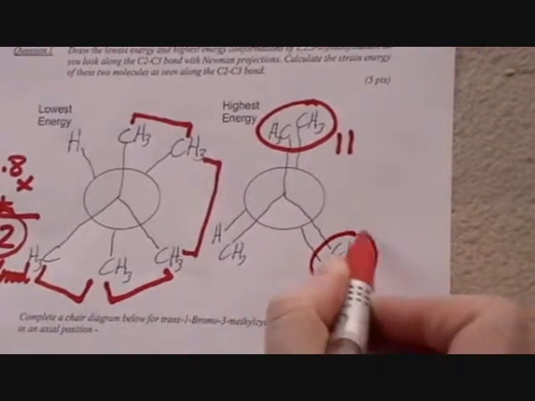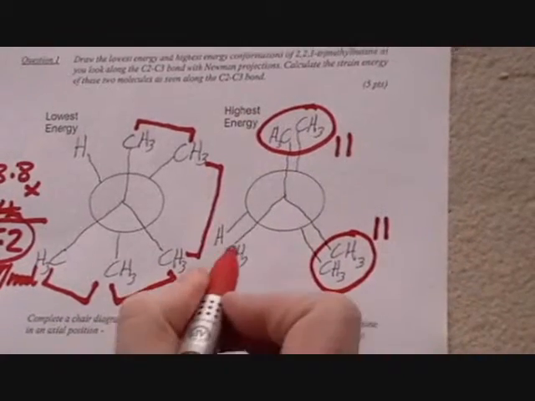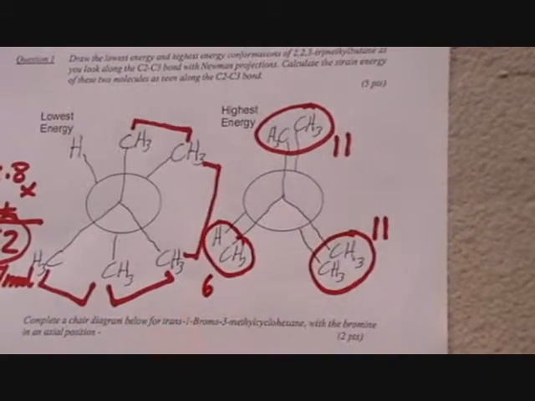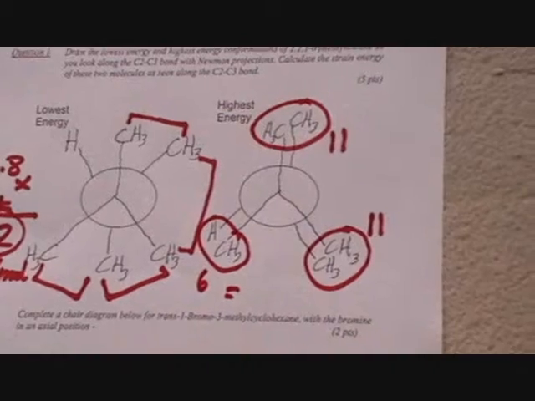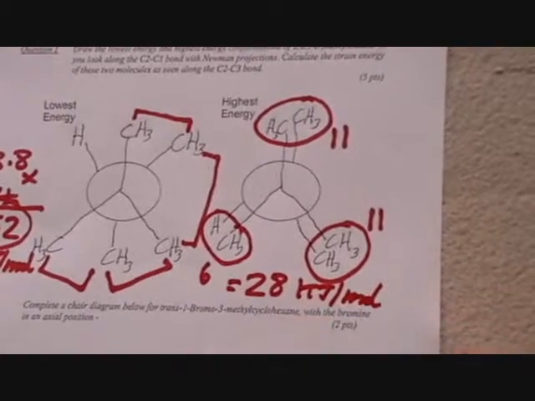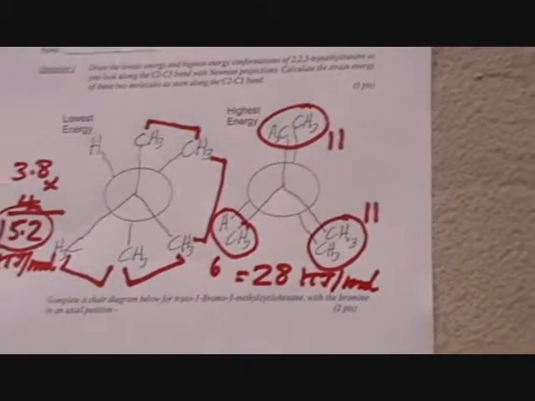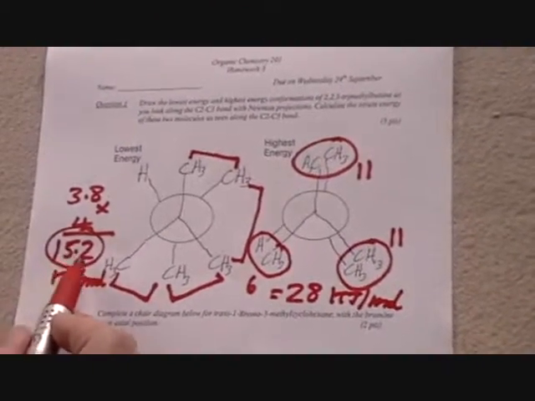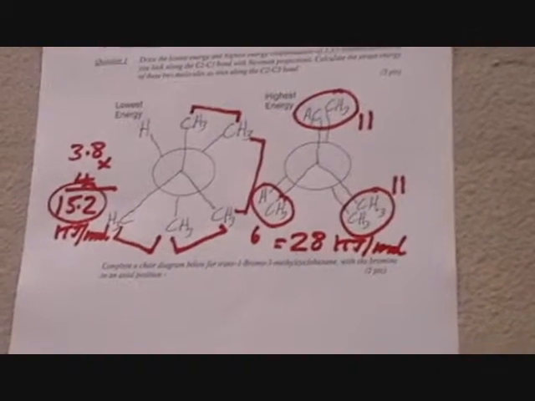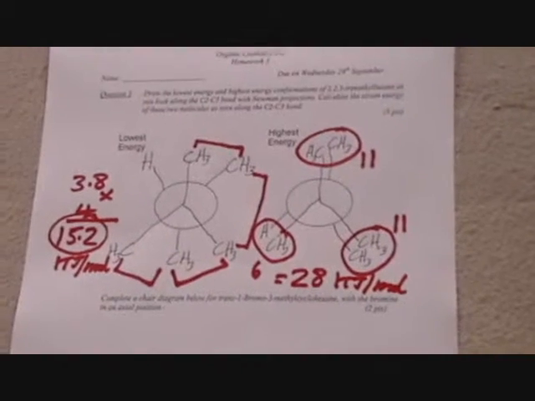A second CH3 to CH3, which is another 11, and then the hydrogen to the CH3, a bit less of a problem, but still 6 kilojoules per mole. So our total for this one becomes 28 kilojoules per mole. So there's our two answers, 15.2 and 28 kilojoules per mole of pure strain energy in these two conformations.